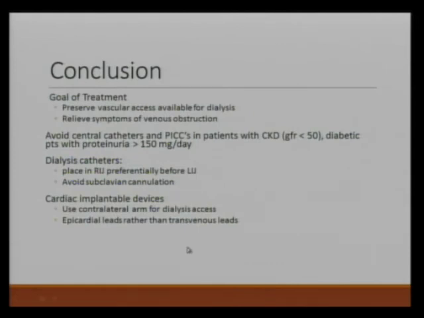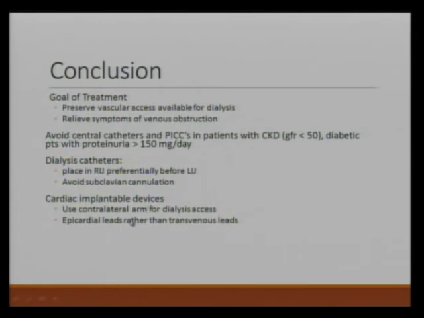So in conclusion, the goals of our treatment are to preserve that vascular access for dialysis. We want to relieve symptoms of venous obstruction also. And so we want to avoid central catheters and PICCs in patients with CKD. With regard to dialysis catheters, it's better to have a right IJ rather than a left IJ and avoid subclavian cannulation and avoid PICCs.